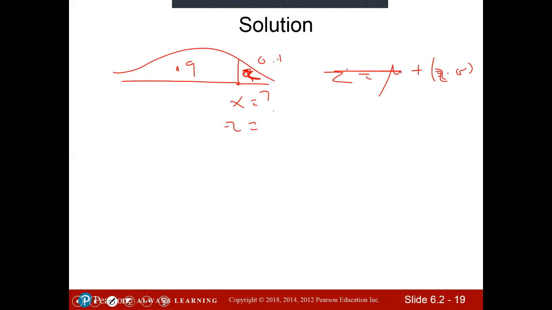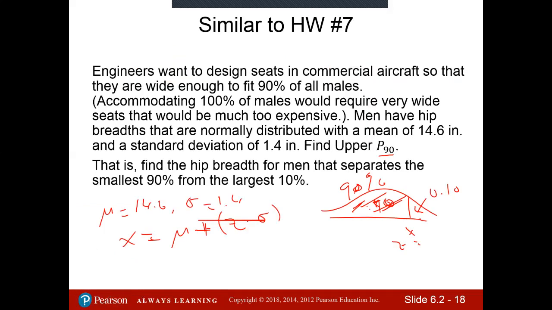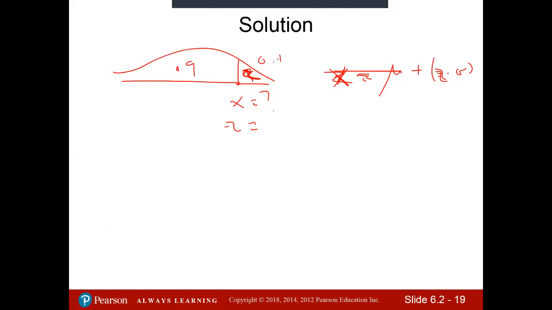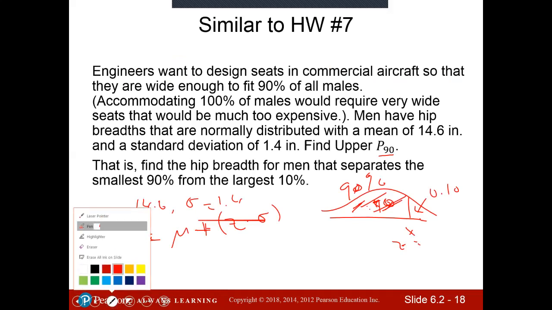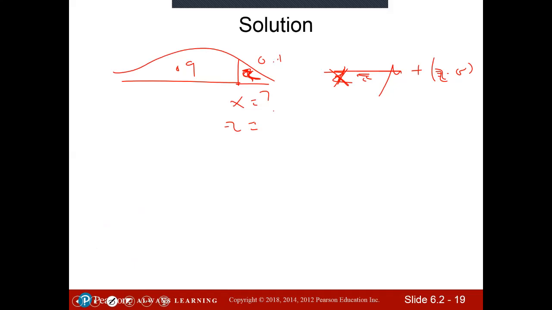So this is X, not Z. So you have X equal to mu plus sigma times that.